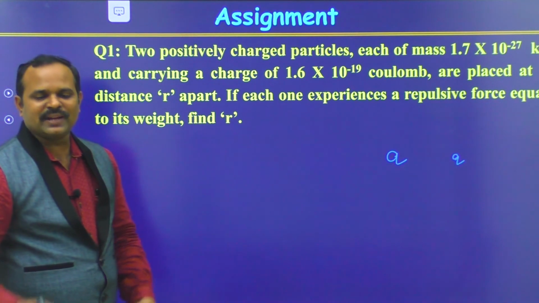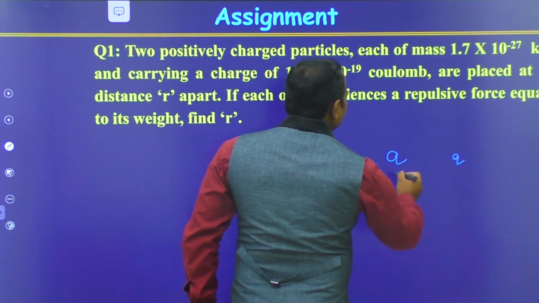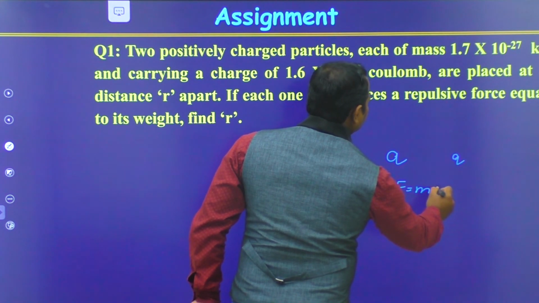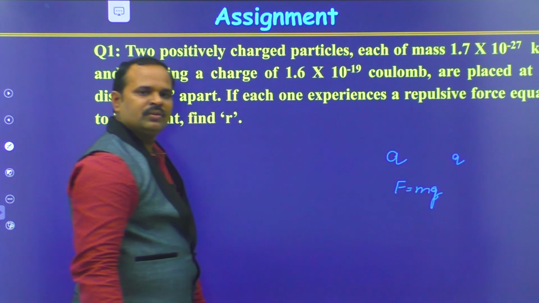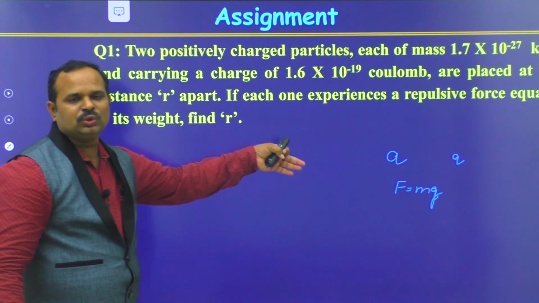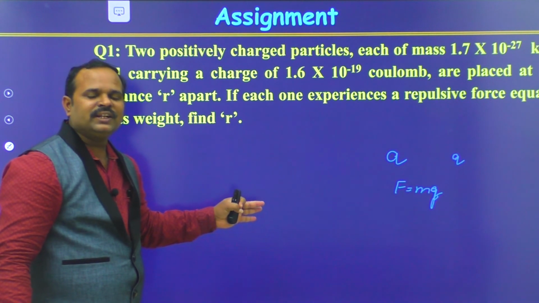They repel because two like charges are repelling. Now the repelling force is equal to its weight, that is mg. So use the repulsive force F equal to 1/(4πε₀) q²/r², which is equal to mg. From that you find the distance r.